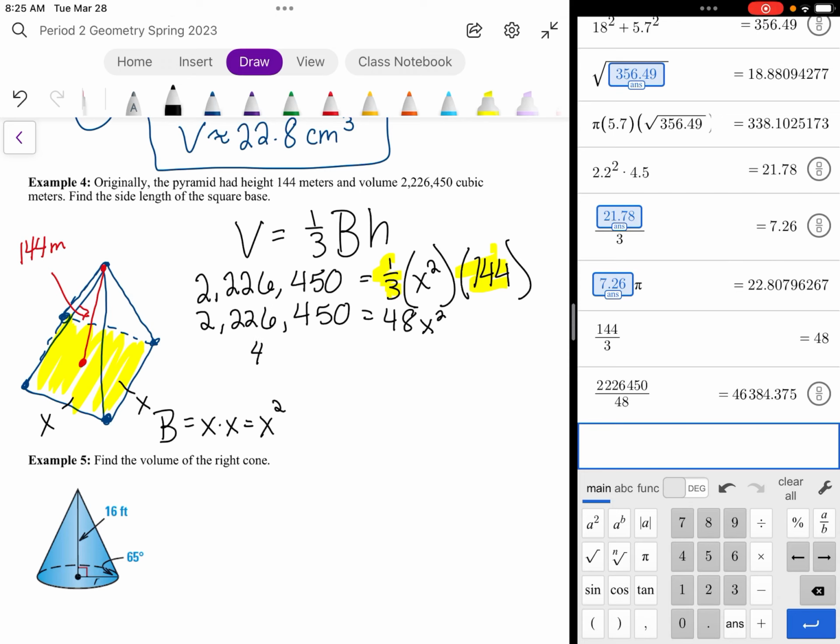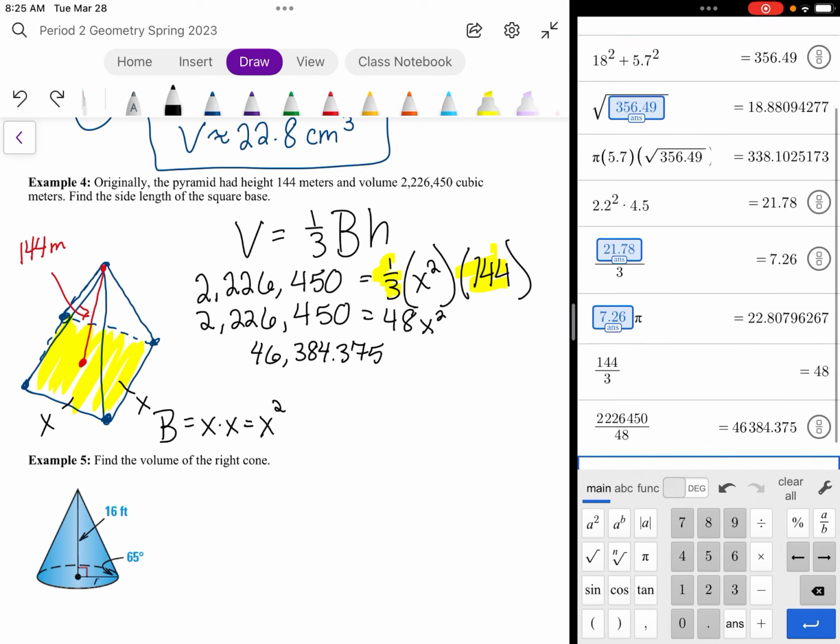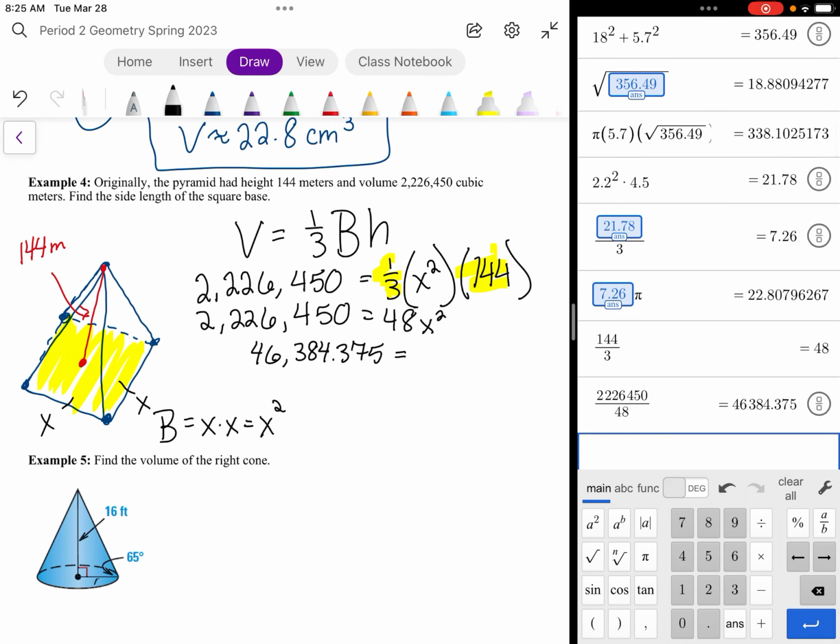That gives us 46,384.375. We're not going to round because they gave us an exact answer, so we write all of the decimal points down, and that's equal to x squared.